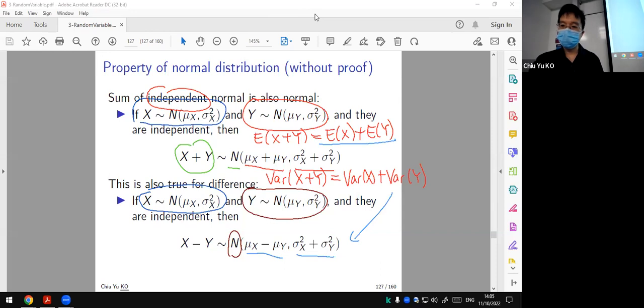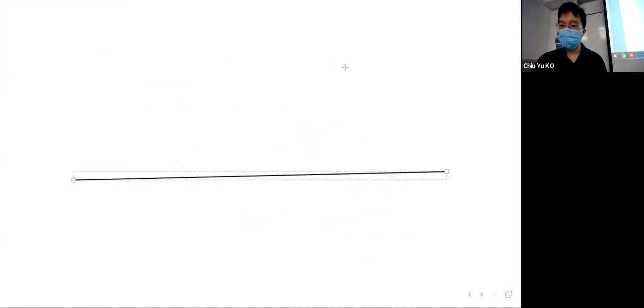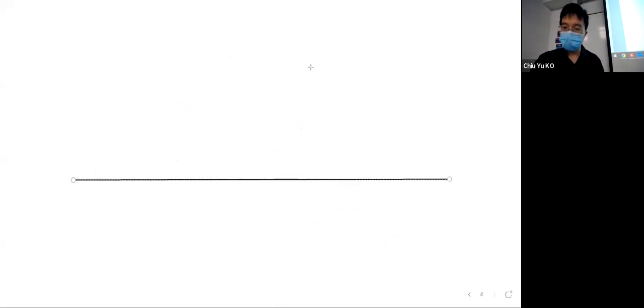Just quickly, to draw the interpretation, it is the following. Suppose I have a number line here. I have, again, the blue one, a bell curve here, and I have another bell curve here.